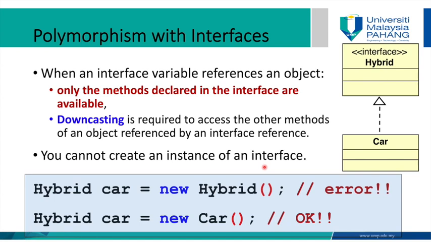For example, if you write hybrid car equal to new hybrid, where hybrid is the interface, it will give you an error. How can you do that? You can write hybrid car equal to new car, then it will be okay.